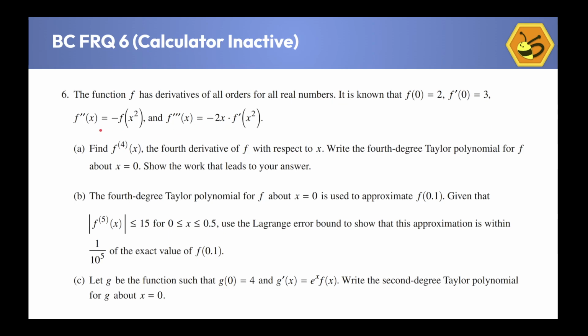Very interesting stuff going on here. Find the fourth derivative of f(x) with respect to x, and then write the fourth degree Taylor polynomial for f about x equals 0. Show the work for these two answers. So we're given equations, and we want to find the fourth derivative, then write the fourth degree Taylor polynomial, and show the work.